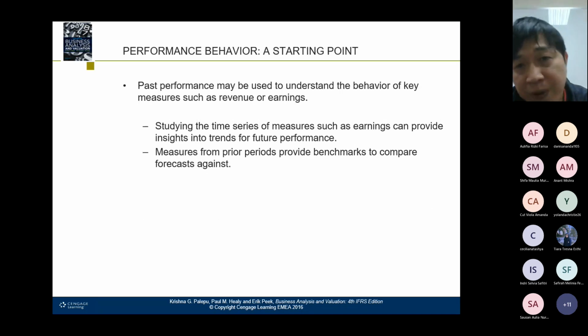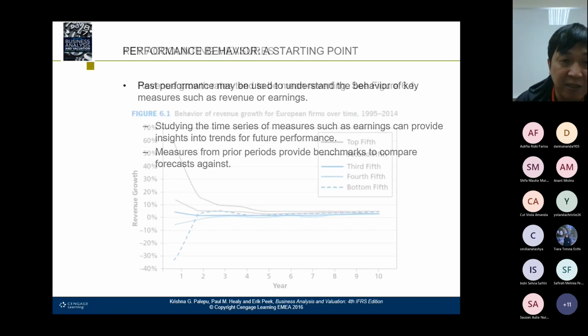Past performance may be used to understand the behavior of the key measures such as revenue and earnings. Starting the time series of measures such as earnings can provide insight into trends of future performance. Measures from the prior periods provide a benchmark to compare forecasts against.